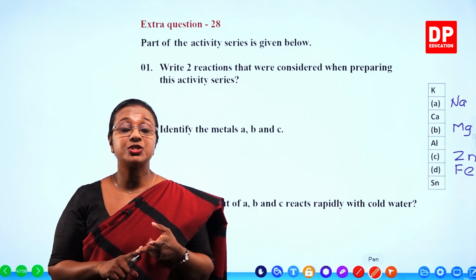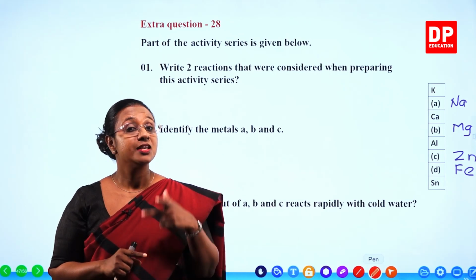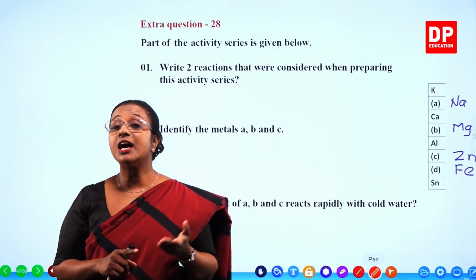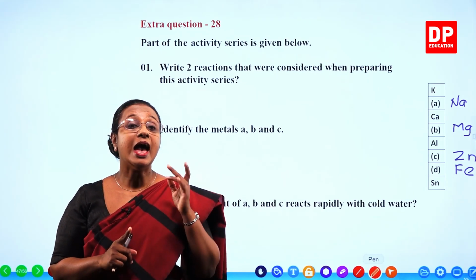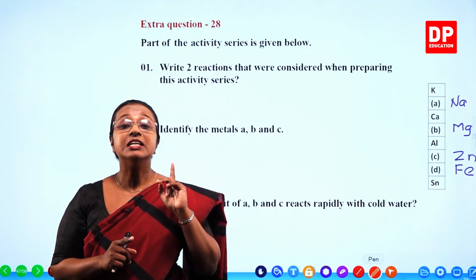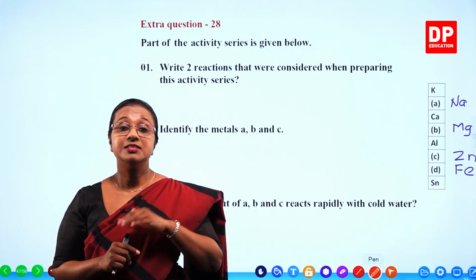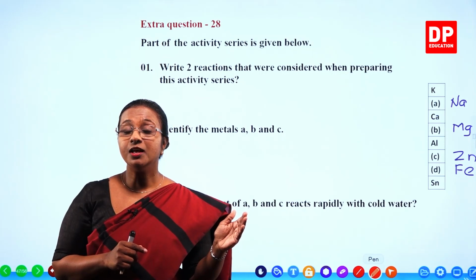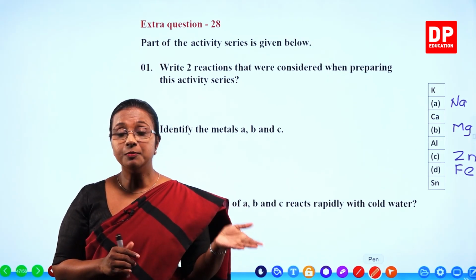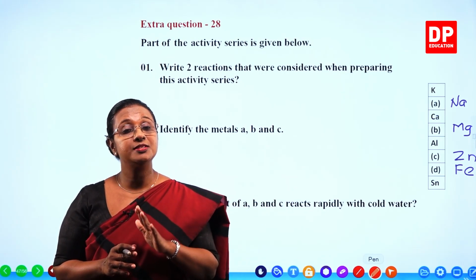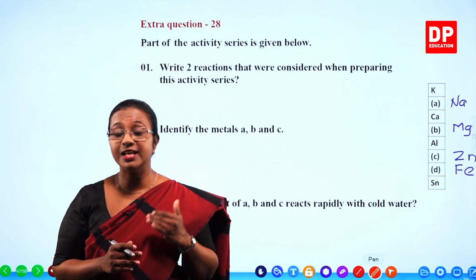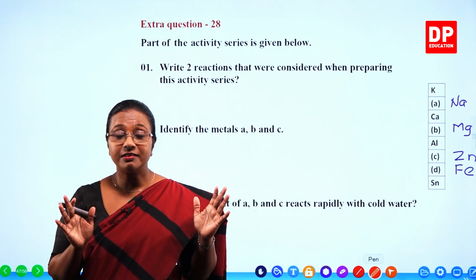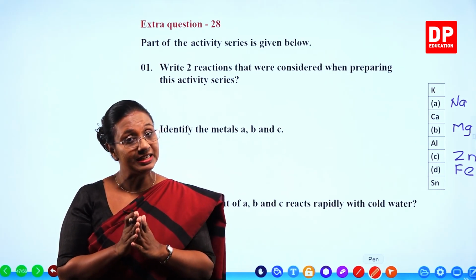Then we saw the reaction of metals with acids. Dilute hydrochloric acid, dilute sulfuric acid. And also we saw the displacement reaction. Zinc reacting with copper sulfate and displacing copper, but copper does not displace zinc from the zinc sulfate solution. So those are the reactions we have observed and discussed.